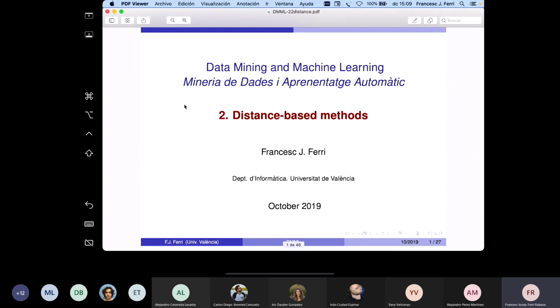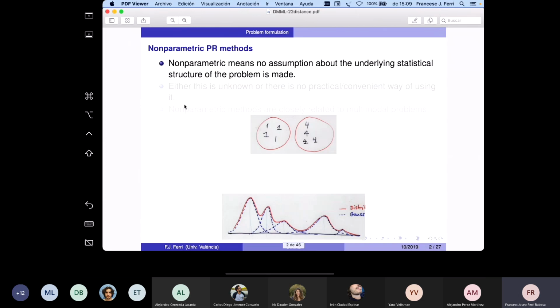If someone gives us a way of assessing how close or how far two different examples, two different inputs are, just with this way of measuring closeness, what can we do? So that's the starting point of what we are going to study today.